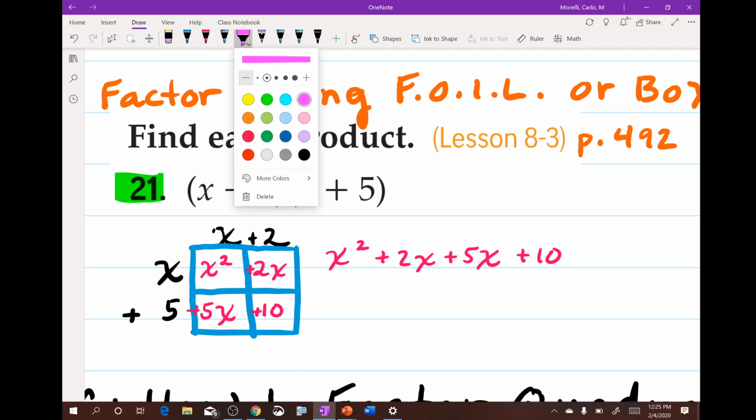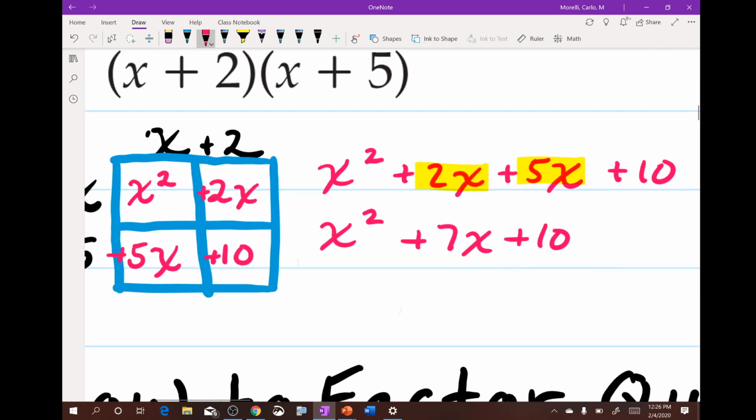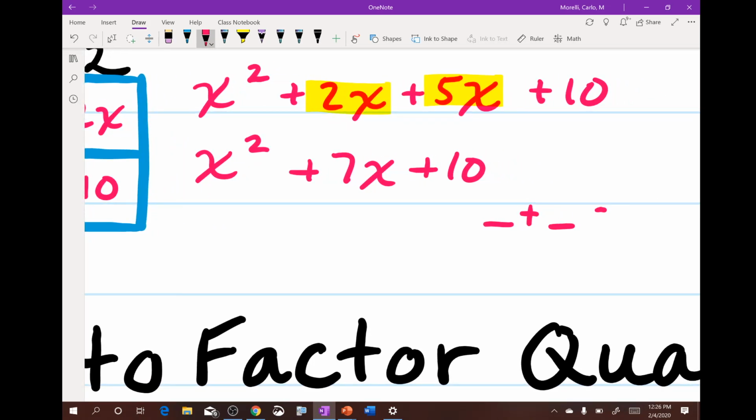Let me highlight the common terms. These two are going to be combined now. x squared plus 7x plus 10. There it is. Preview of what's about to happen: I want you to think of two numbers that add to equal 7 and multiply to equal 10. 5 and 2, right?